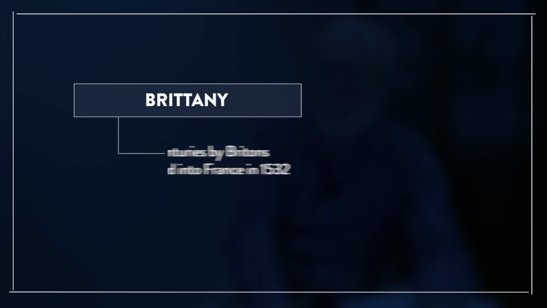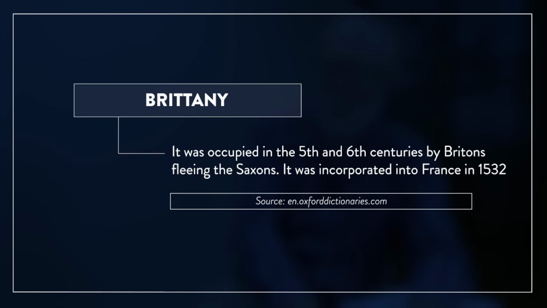So trade collapsed, the use of money collapsed, the population gradually halved because food production collapsed, nutrition standards fell. There was actually mass emigration across to France, which is why a part of France is now called Brittany.